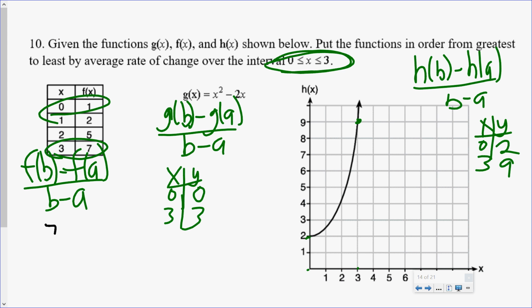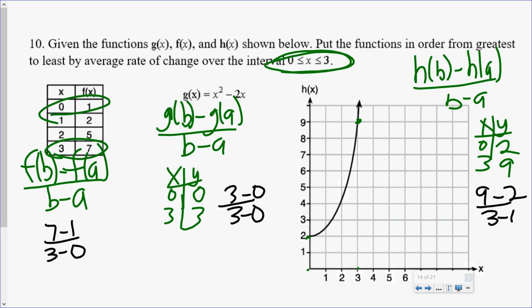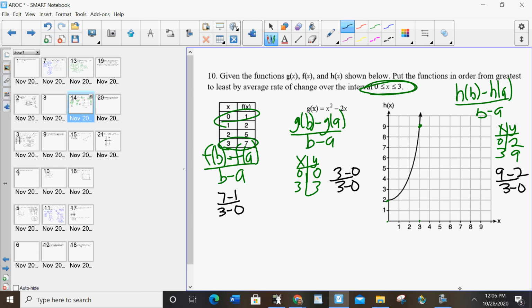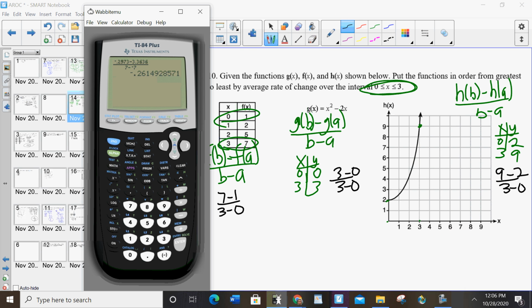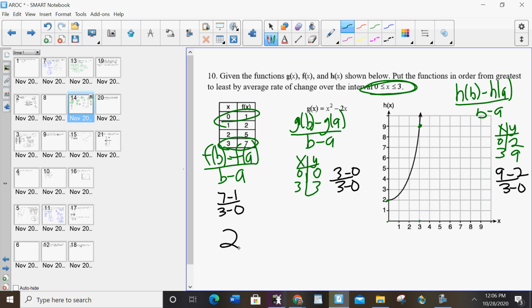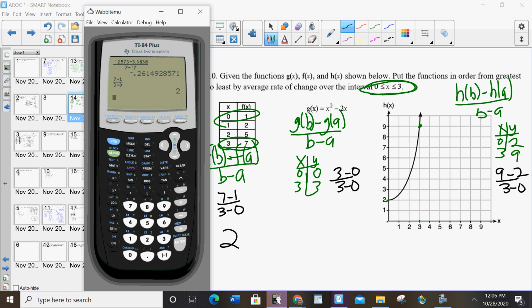So 7 minus 1 over 3 minus 0. 3 minus 0 over 3 minus 0. 9 minus 2 over 3 minus 0. 7 minus 1 over 3 minus 0 is 2. 3 minus 0 over 3 minus 0.